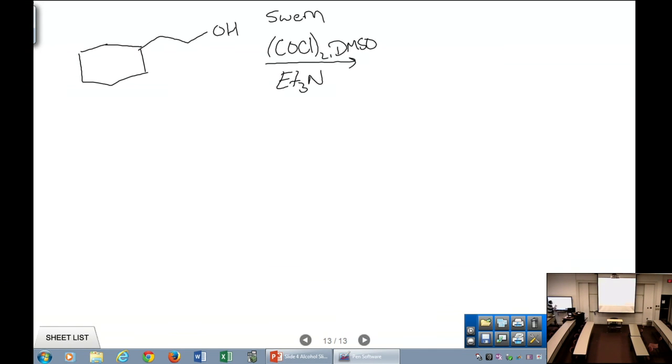Sometimes it'll just be written as Swern. Other times it'll have these three reagents that make up the Swern reaction. And again, you will convert your alcohol to an aldehyde.